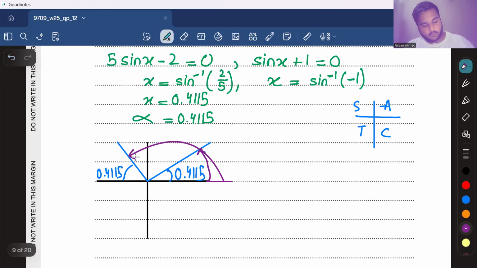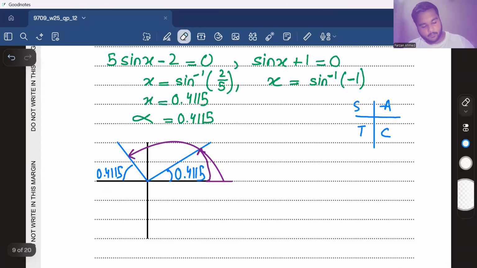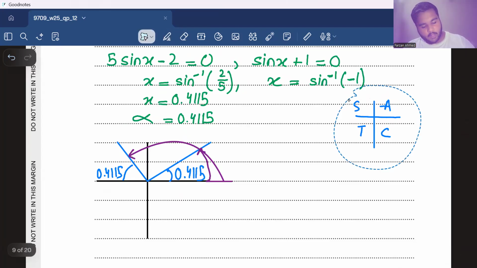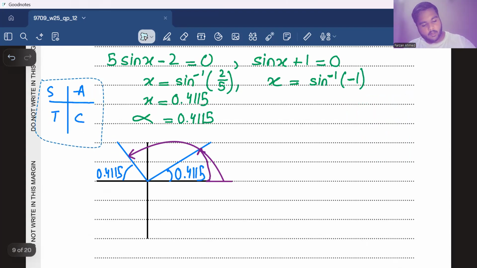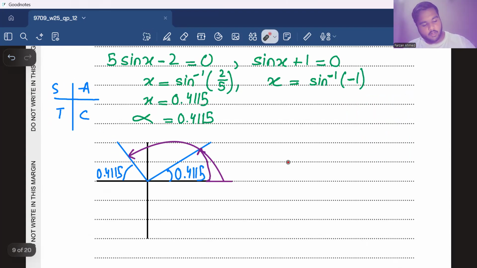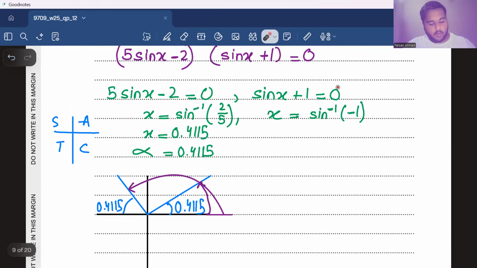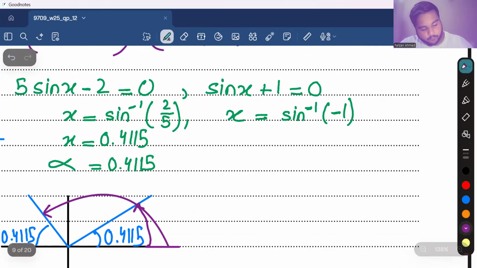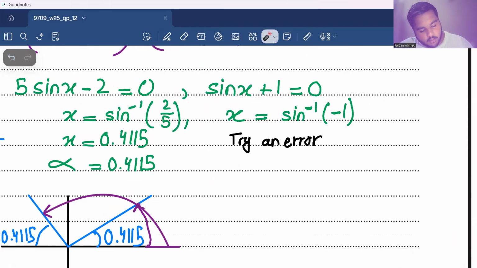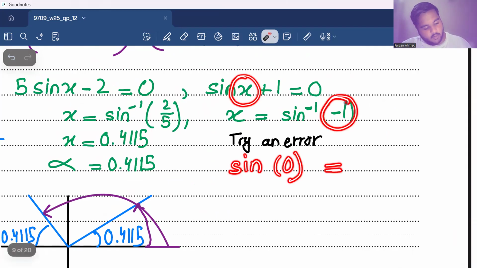Now we are doing this one. We will calculate this first. For the trial and error method, what will we do? First of all, I will plug sine 0 into the calculator to find if we get minus 1.